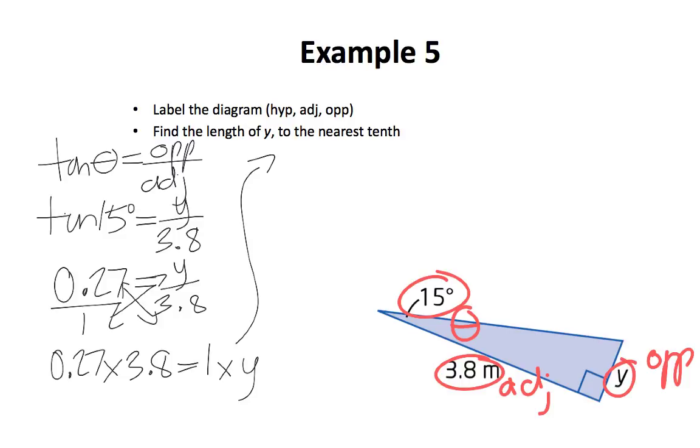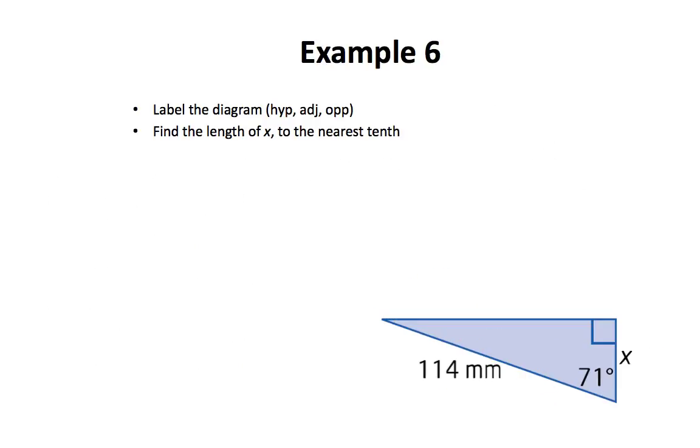I'm going to take a look at the left side of the equation. 0.27 times 3.8 is approximately 1.026. And 1 times y is just y, because anything multiplied by 1 stays the same. So I'm going to write a concluding statement. Therefore, y is 1.0 meters. I'm rounding that to the nearest tenth.